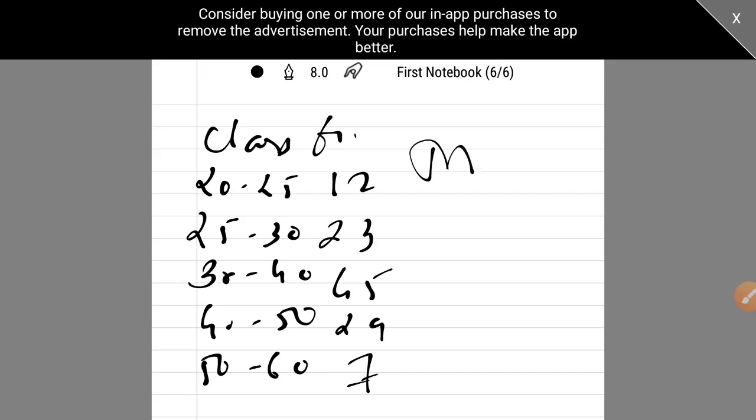You have to find the median. Okay, what you have to do? You have to find the median. So the question is, classes are 20 to 25, 25 to 30, 30 to 40, 40 to 50, 50 to 60, and frequencies are 12, 23, 45, 29 and 7. And let me give you the answer also. I'll make you write the answer.